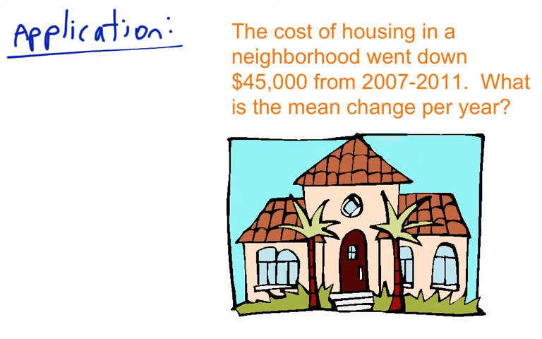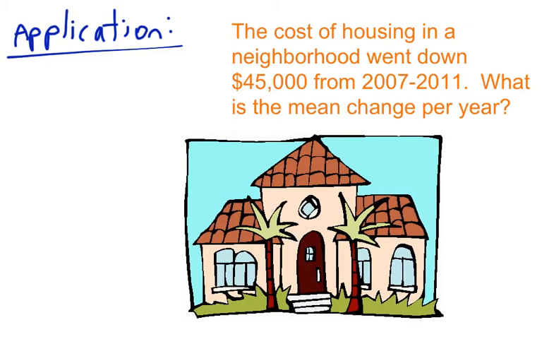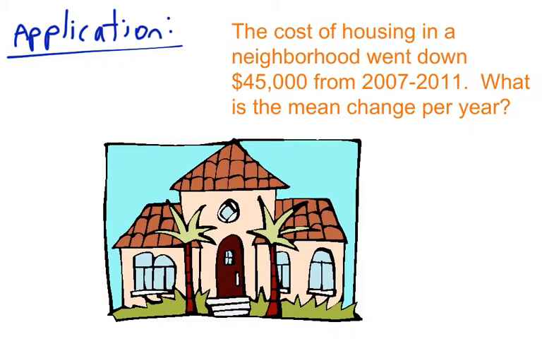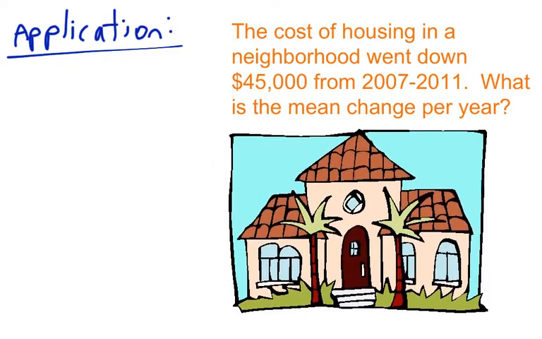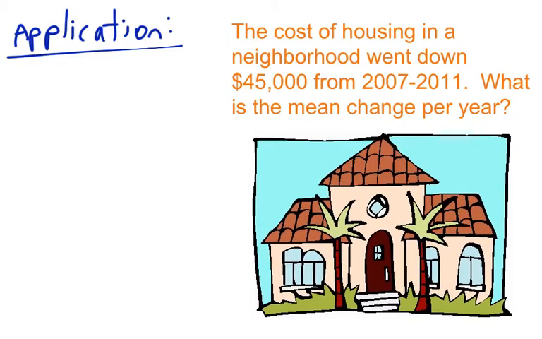The cost of housing in a neighborhood went down $45,000 from 2007 to 2011. What is the mean change per year? Alright, and that's what happened to the housing market. It went down quite a bit, and it's starting to rebound right now, but it went down quite a bit after the housing boom.